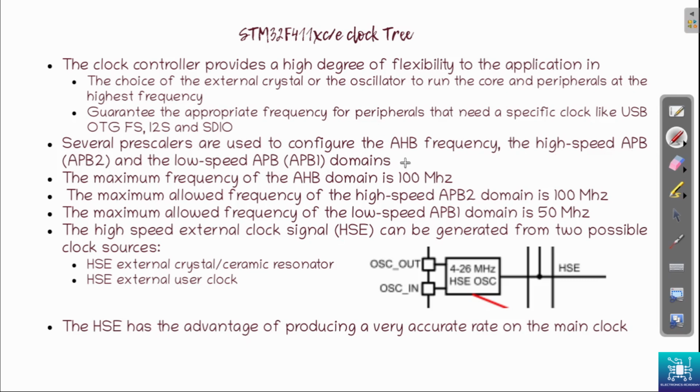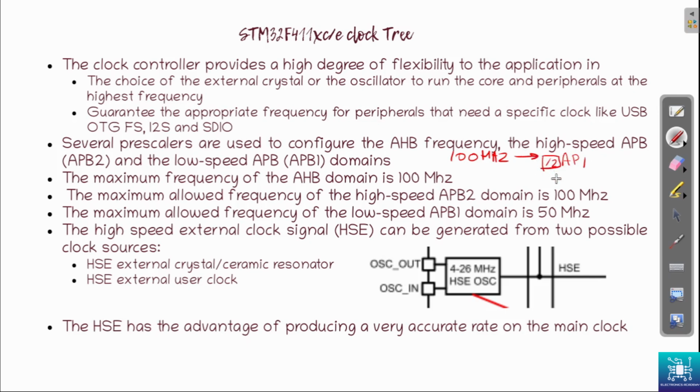So prescalers means, suppose you configure the clock, say, for 100 megahertz, but the low speed APB1 domain can operate only at 50 megahertz. So if you have to feed it to that domain APB1, you have to of course divide this by 2.